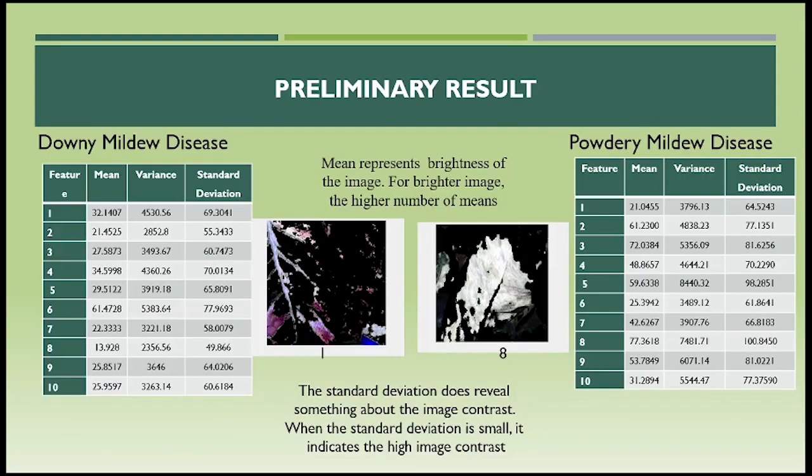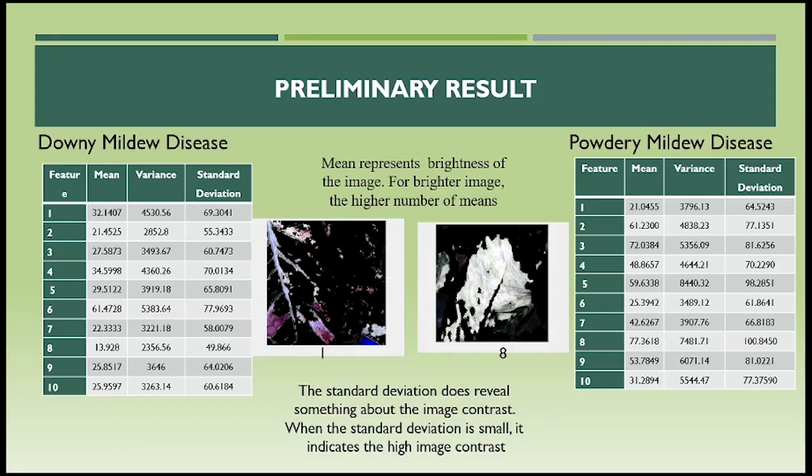This is the result for the mean, variance, and standard deviation for both diseases. For the mean, we can see Downy mildew disease got 32, and powdery mildew disease number 8 is 77. The mean represents the brightness of the image.